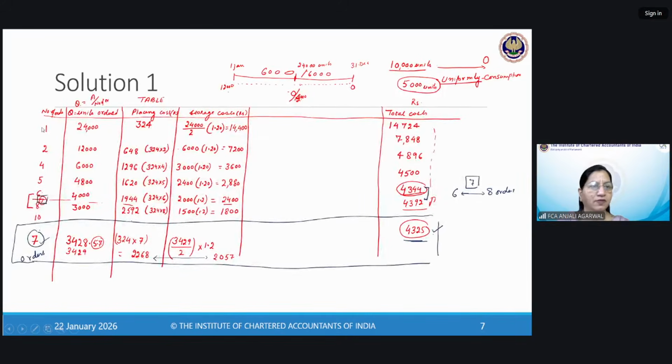So 24,000 divided by 1, 1 order, 1 order into 324. 24,000 divided by 12,000, 2 orders. Then 2 orders into 324. But here we have taken the number of orders, so we have calculated the quantity ordered. Okay. Total placing cost is clear. Number of orders, first column, into 324.